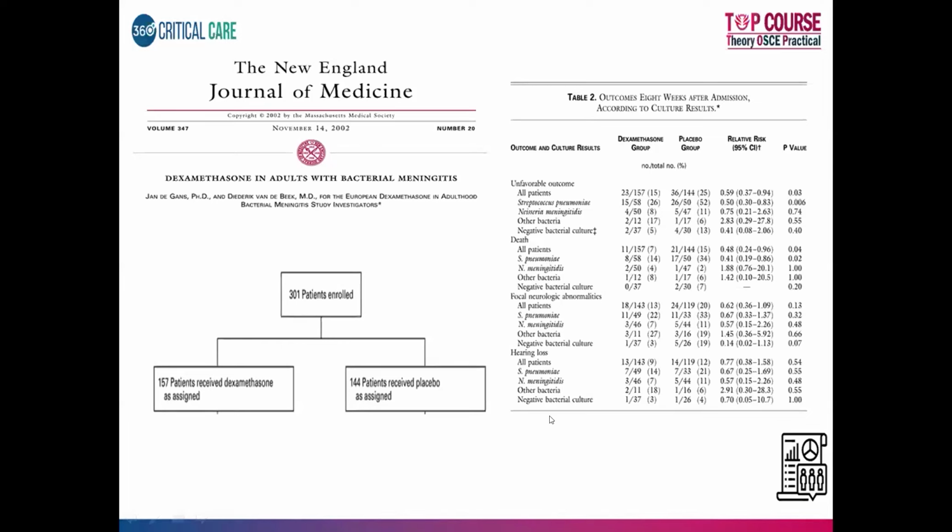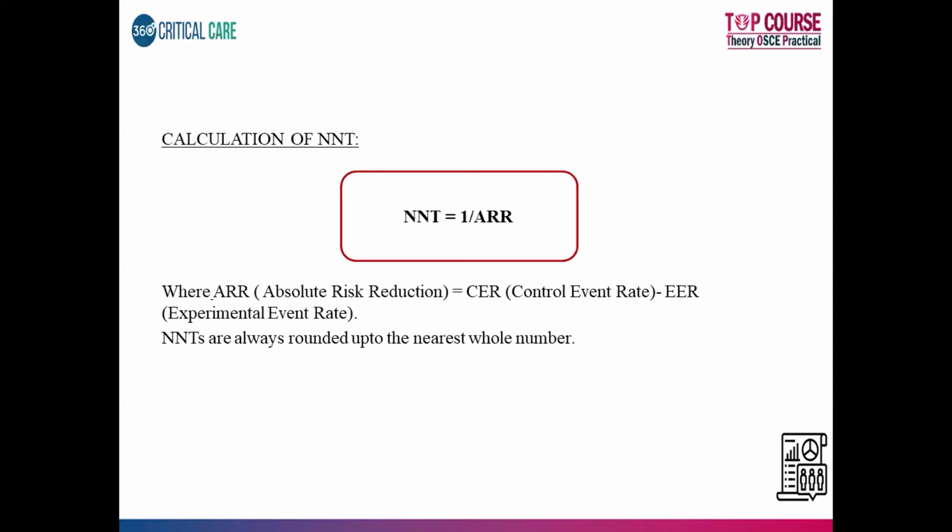So would anyone like to do this? I'll give you some time. So 1 divided by absolute risk reduction, that is control event rate minus experimental event rate.